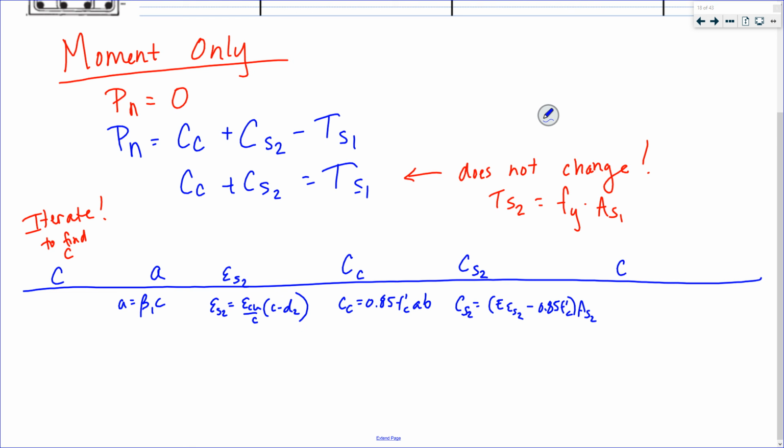I'm going to add those together and compare them to T, which is always going to be 240 kips.